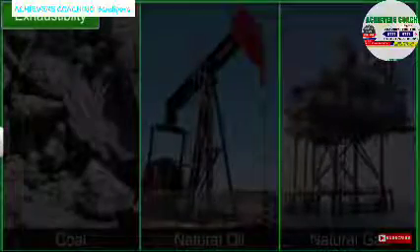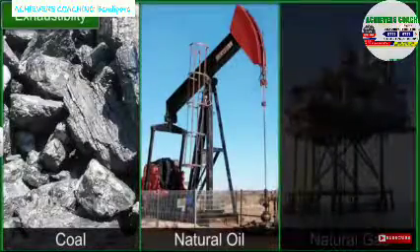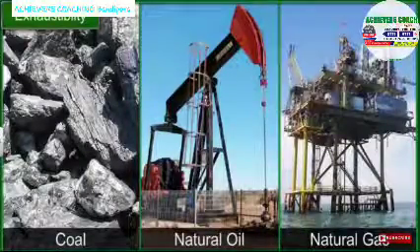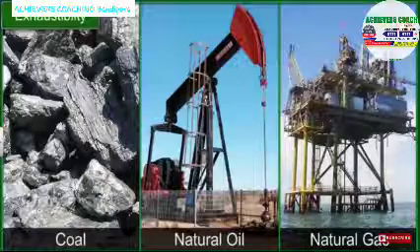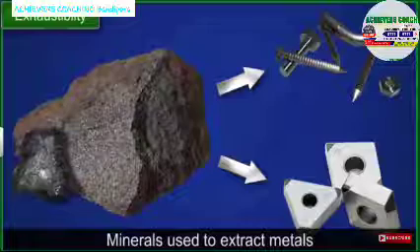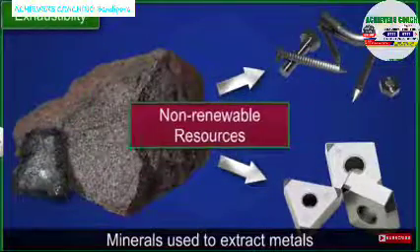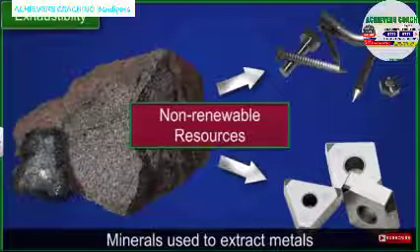Fossil fuels like coal, natural oil, and gas cannot be reproduced once used. The same applies to minerals that are used to extract metals. These are examples of non-renewable resources since they are lost forever once used.